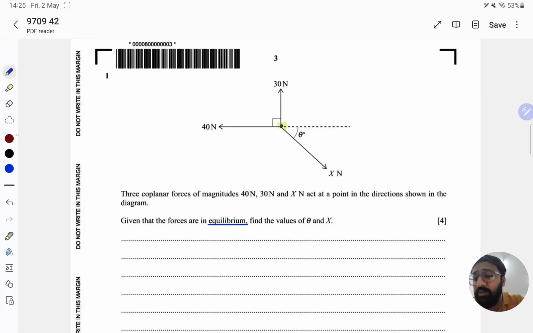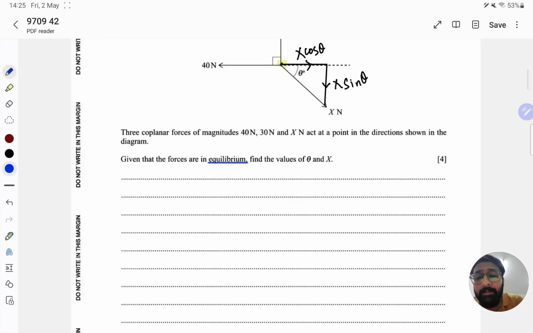So let's resolve the x newton force. This is going to be the horizontal component and this is going to be the vertical component. The horizontal component will be x cos theta, and the vertical component will be x sin theta. Equilibrium means it is at rest, so the sum of the upward forces equals the sum of the downward forces, and the sum of the forces to the right equals the sum of the forces to the left.